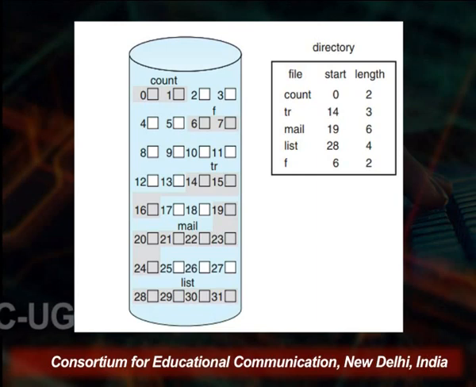Similarly, we have tr, which starts from 14 and is allocated 3 blocks: 14, 15 and 16. Then you have mail, starting from 19, again a grey shaded area, going for 6 blocks: 19, 20, 21, 22, 23 and 24. Similarly for the two other files, list and f. So this is what continuous allocation says.